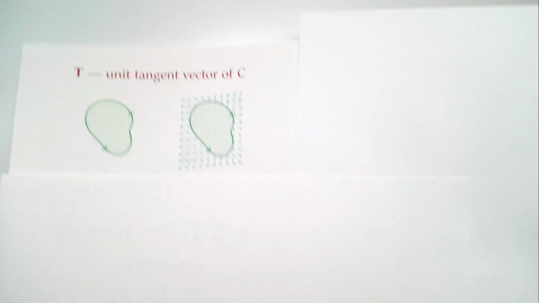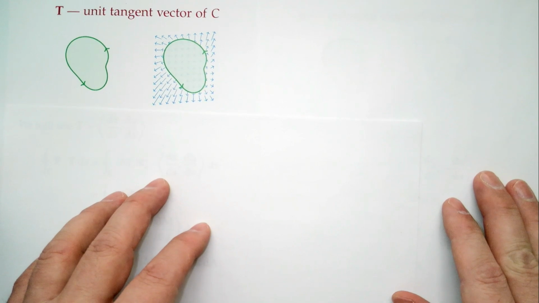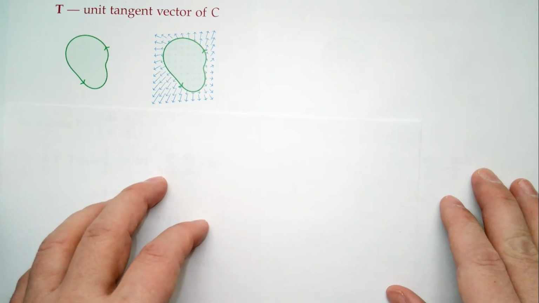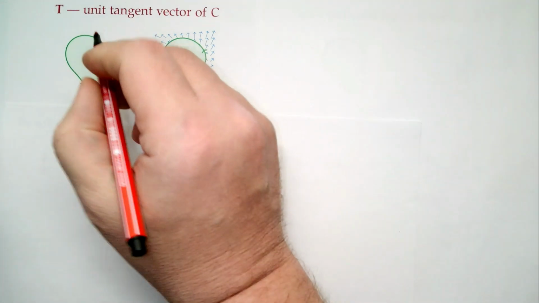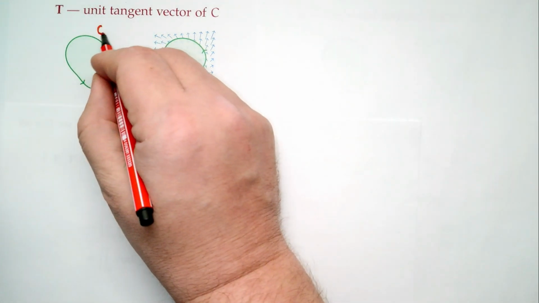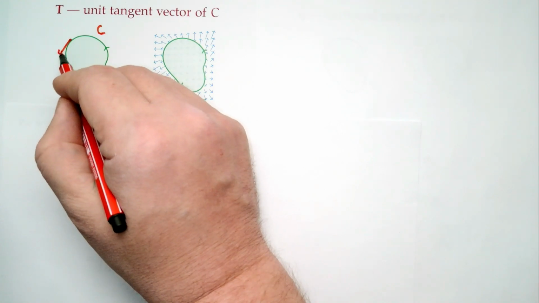Okay, so now, foreshadowing of some important ideas. So suppose I have the following. I have t, which is the unit tangent vector, which means that if I have a curve C, so this is a curve C, and at any given point I have a unit tangent vector t.